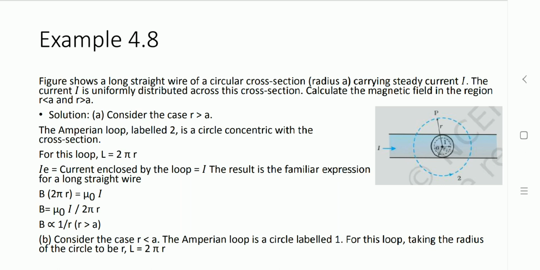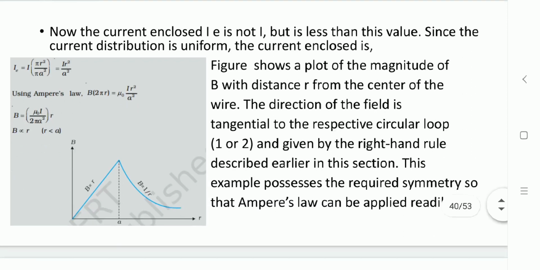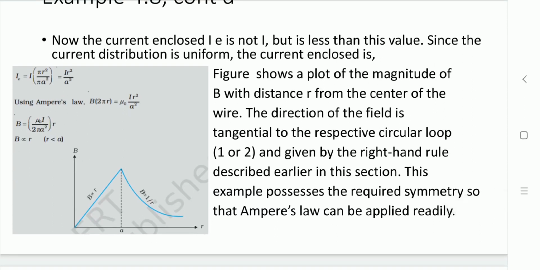So in this case we can say that the magnetic field is directly proportional to R when R is less than A. From the graphical representation we can say that when the radius is less than A, the magnitude increases and is directly proportional to R, but when R is greater than A, the magnetic field reduces as it is inversely proportional to R. As discussed, you can go through the slide.